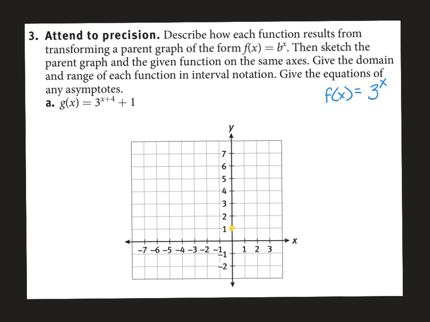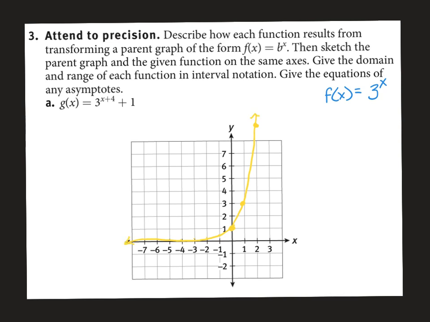It's going through 0, 1 because that's where it's supposed to go through. It's the tripling family, so we're going to triple these two numbers. Triple 3 actually takes me off the screen, but that's close enough, so we'll put it right there. And then backing up would be 1/3, 1/3, 1/3. So we've got our asymptote happening. This is our parent function right there.